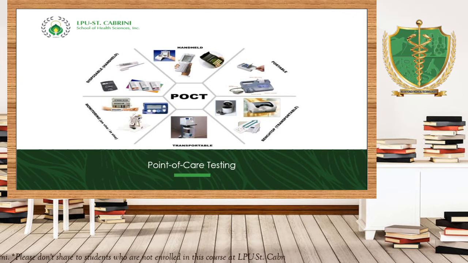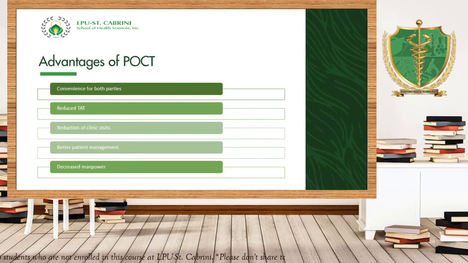Okay, there are a lot of advantages and disadvantages for point of care testing. Advantages of point of care testing, number one, the convenience for both parties. What does it mean? Convenience for both patient and clinicians. Why? Because they can perform the test in the clinic. They can have the results right after performing the test.